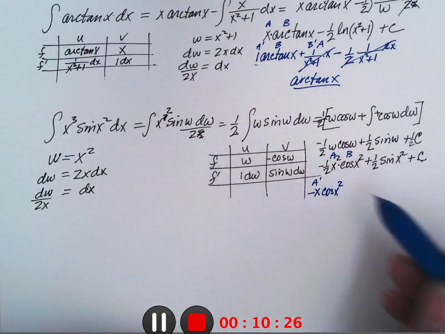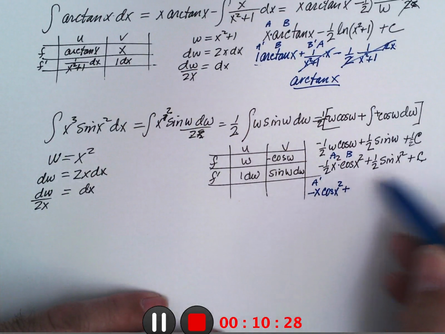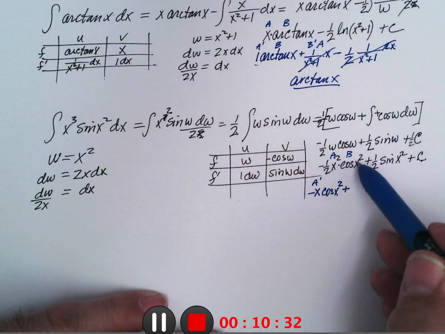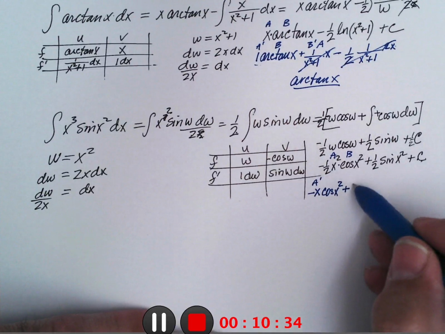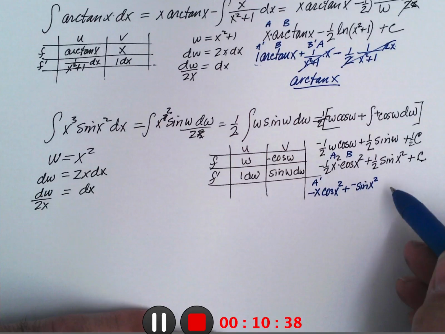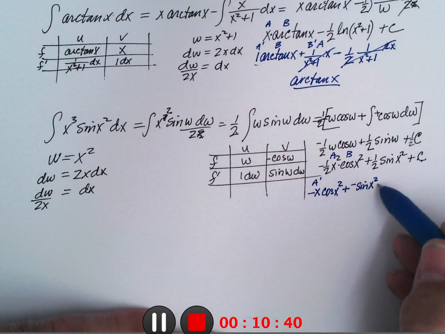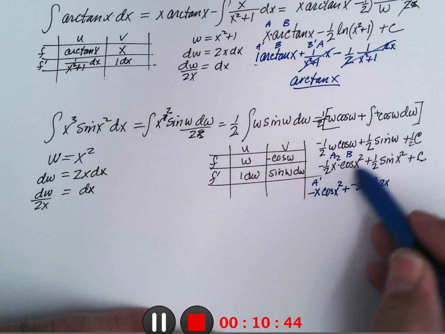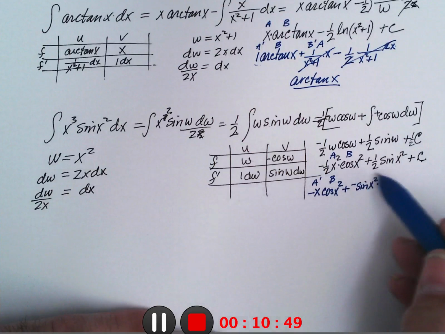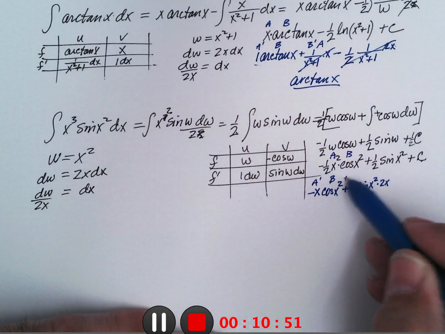And then we have plus b, the derivative of b. The derivative of cosine is negative sine of whatever it is, times the derivative of the inside, which is times 2x. That's the b prime. So this was a prime b plus a b prime.